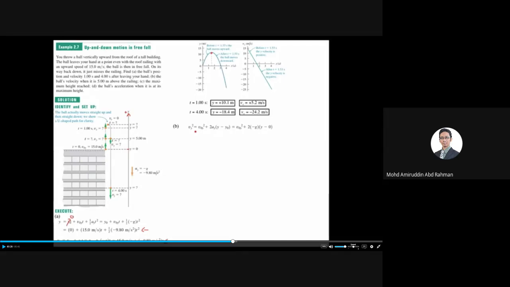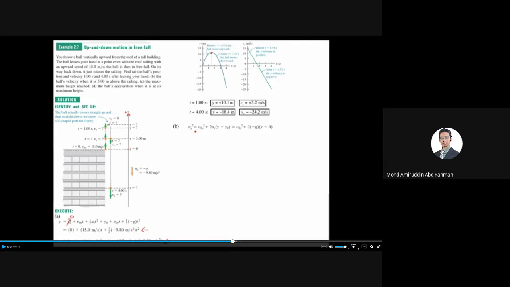To know the velocity, which is v_y, you use the third equation: v_y squared equals v naught y squared plus 2 a_y times y minus y naught.